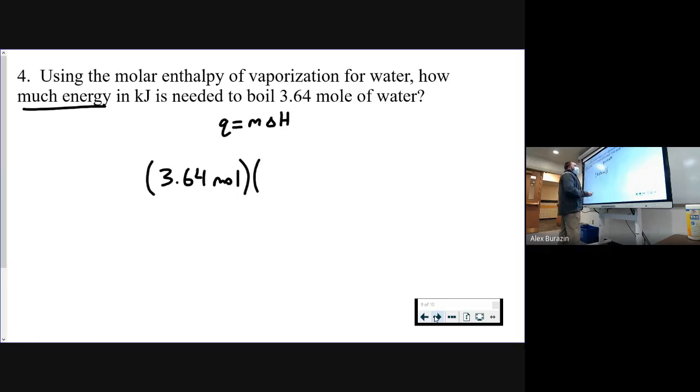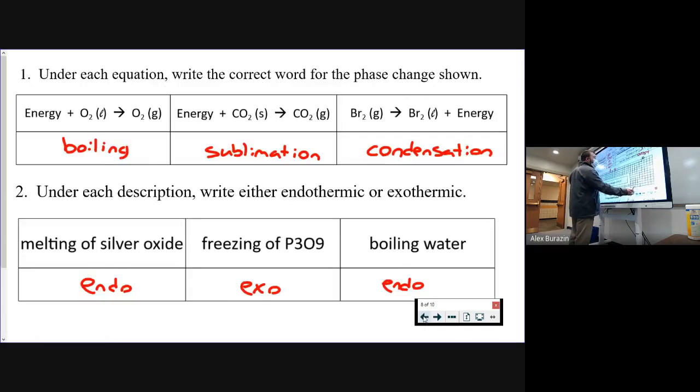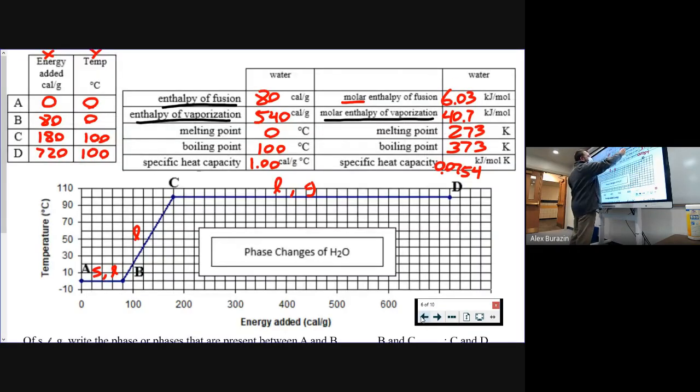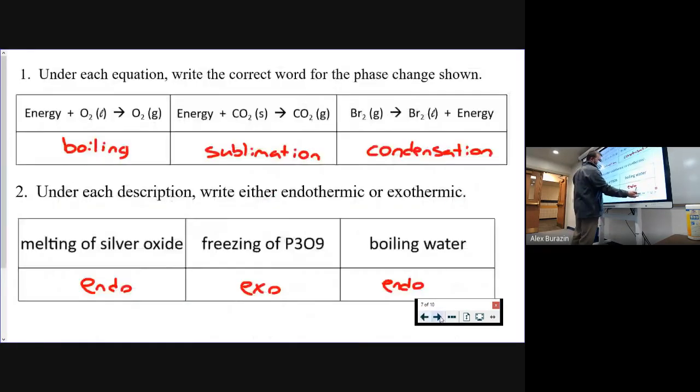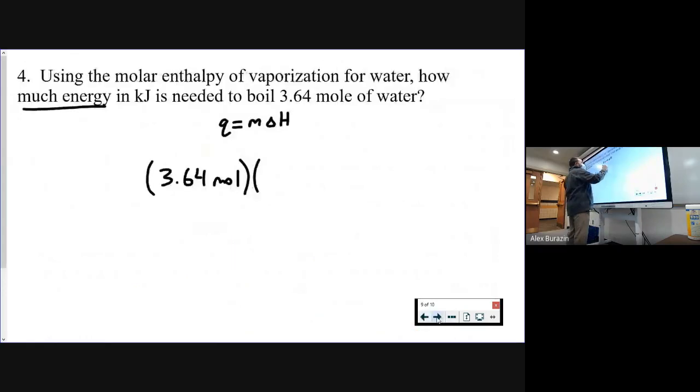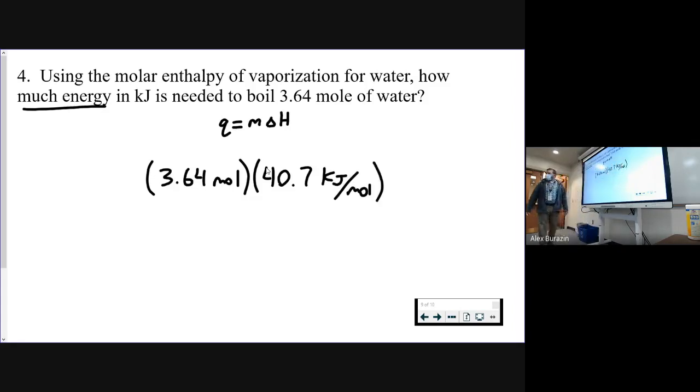3.64 moles multiplied by the enthalpy of vaporization, which is 40.7 kilojoules per mole. Right?